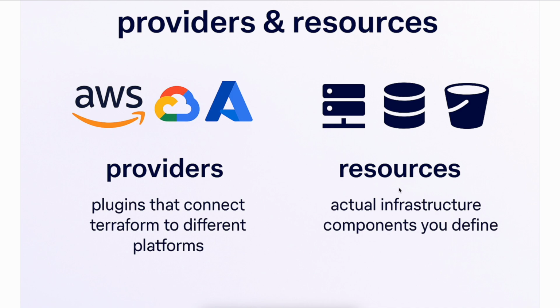Resources tell Terraform what to build. Combine both in your code and Terraform automatically talks to the cloud APIs and creates exactly what you described. And that's really the foundation of Terraform. Providers connect it to the platforms and resources define what gets built.